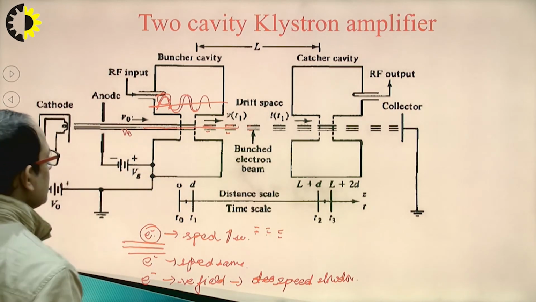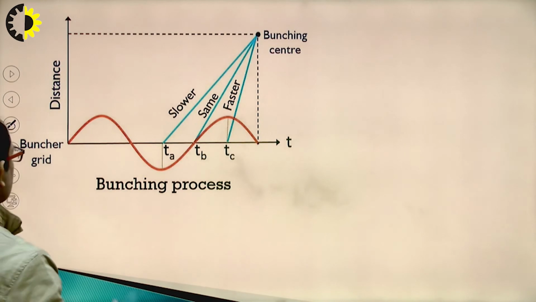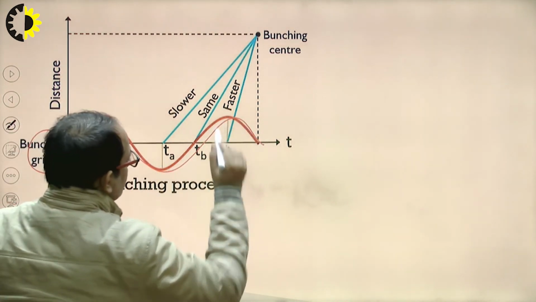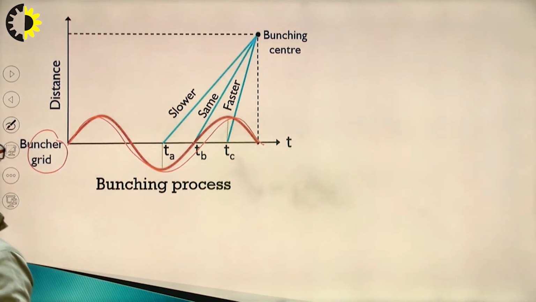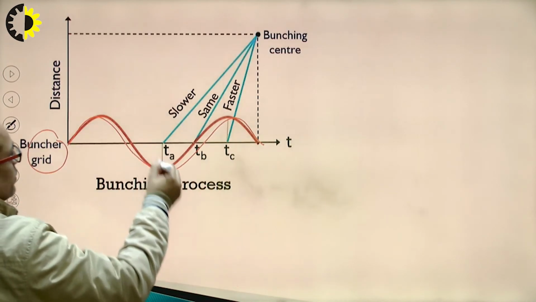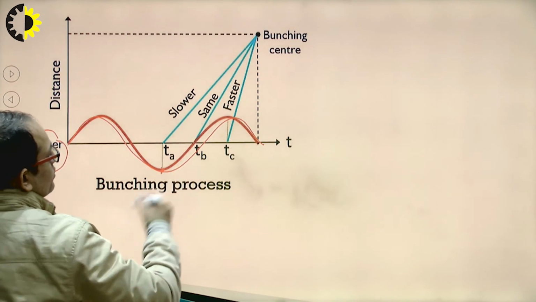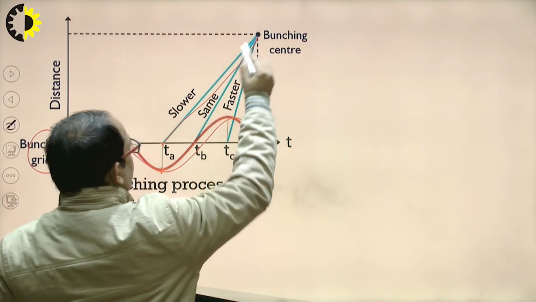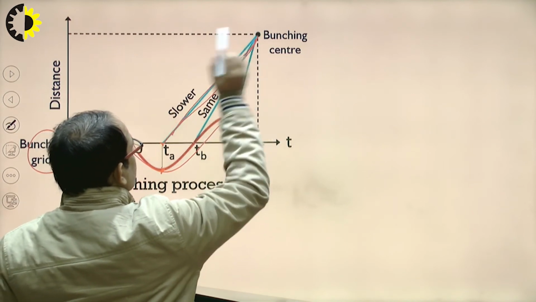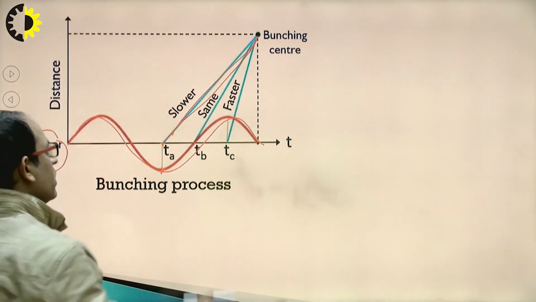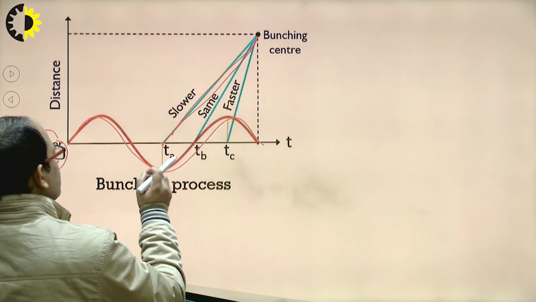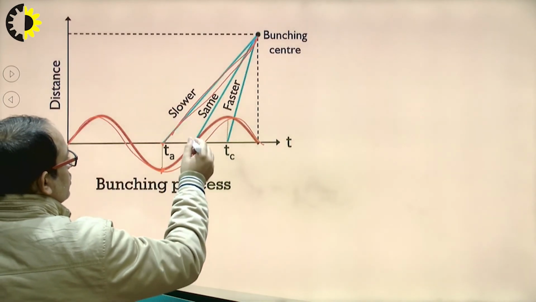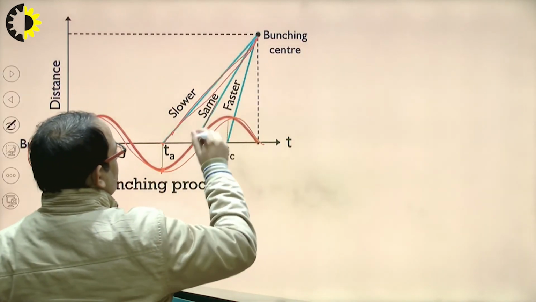Clear? Now see how. This is the buncher cavity, which is providing some signal. On interaction with this RF field, when there is a negative field, the speed of the electron becomes slower and it takes a larger time to reach some point. When it interacts with the zero field, there is no field, so the same electron speed remains.